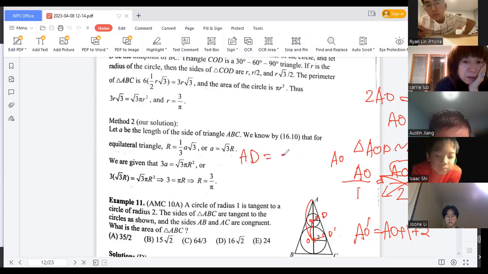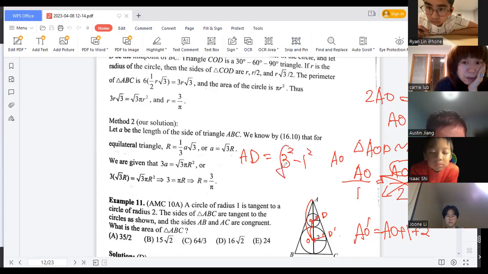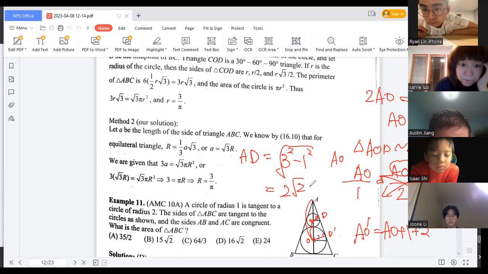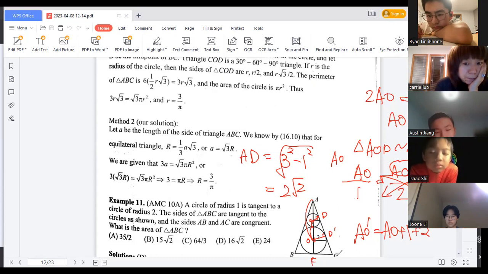AD equals the square root of 3 squared minus 1 squared. So AD equals 2 square root 2. Correct? Are we all clear here? If you don't understand, you can stop me. So nobody answered. I'll just keep going.